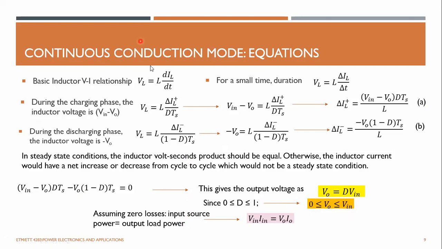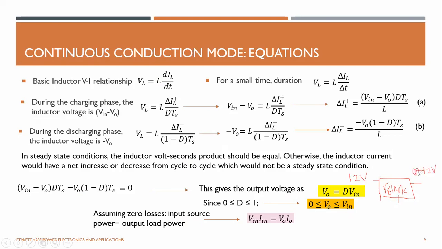Which means if you take a buck converter and you have, say, a 12 volt supply, then by using any duty cycle you can get an output voltage from 0 to 12 volts.